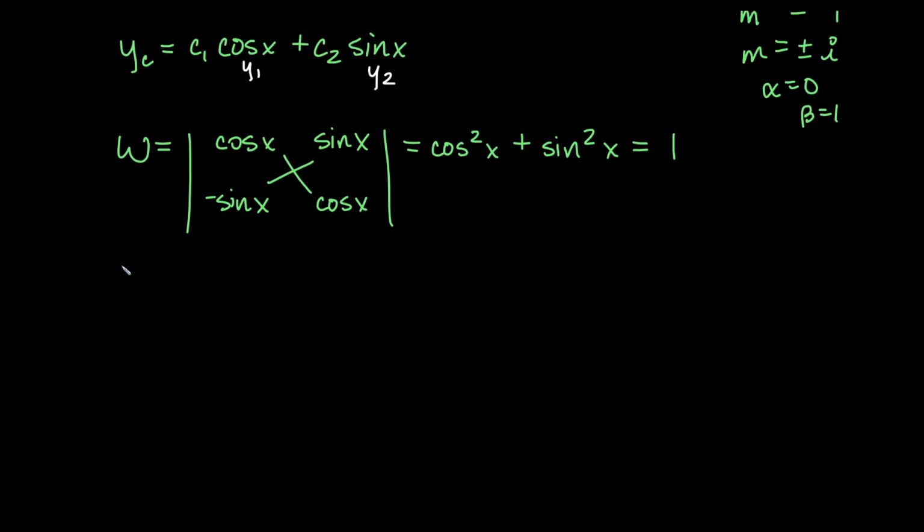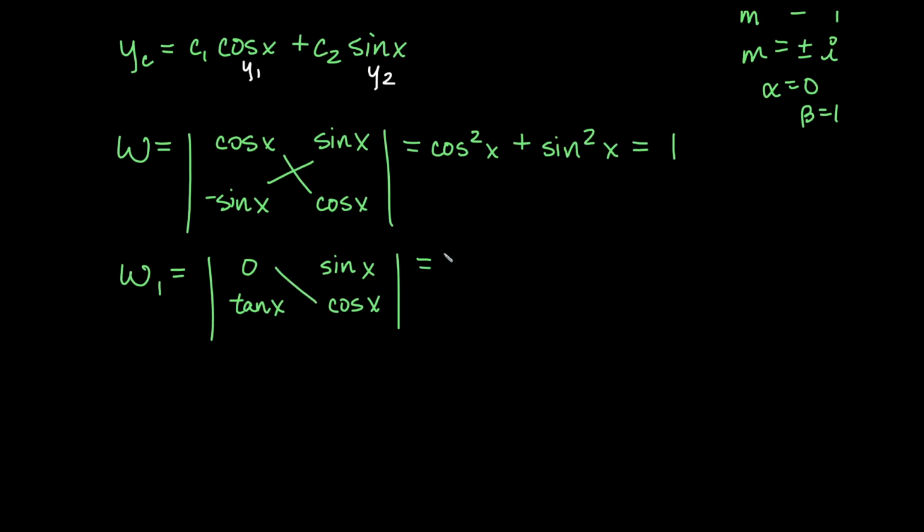For the next one, W1, we'll replace our first column with 0 and our right-hand side of the original, our g of x, which remember was tan x. We'll keep our other column, though: sine x, cosine x. These are nice, they tell us which column gets replaced, so it's easy to remember.